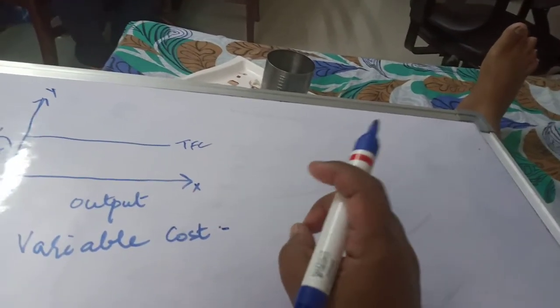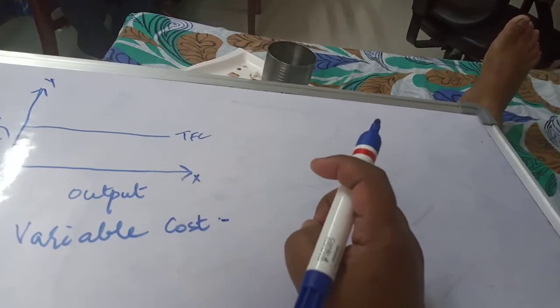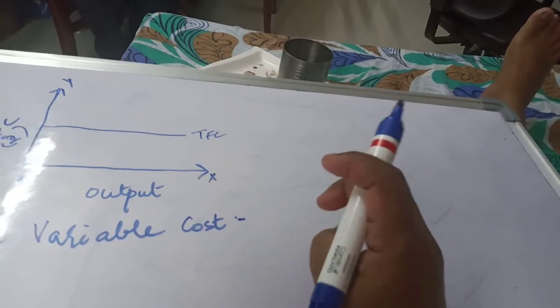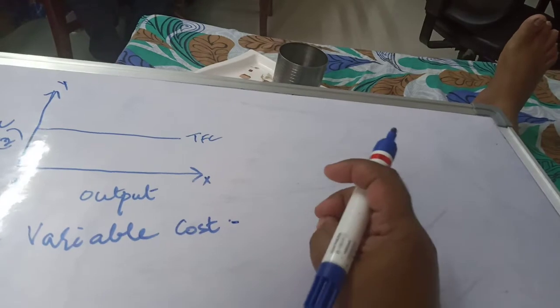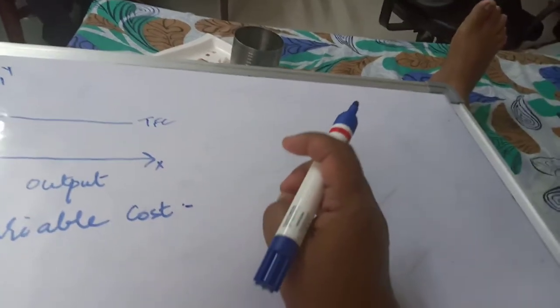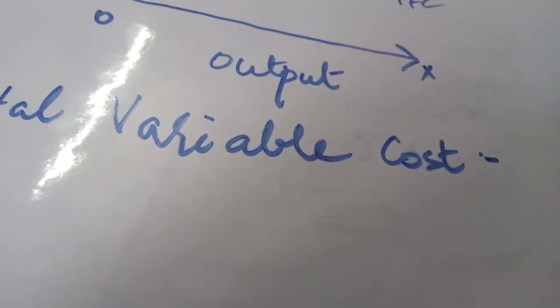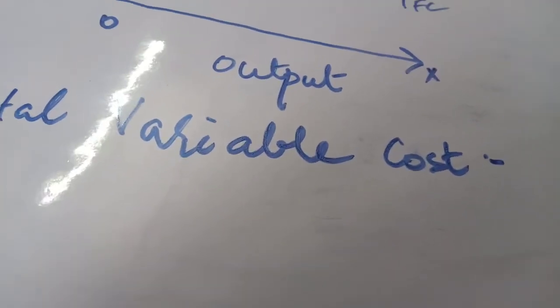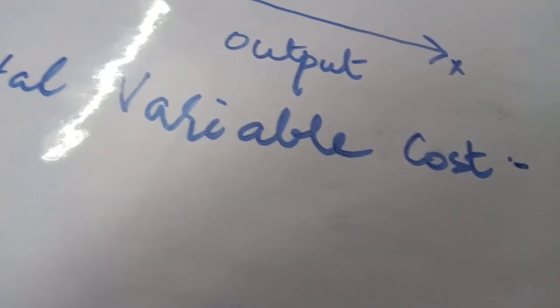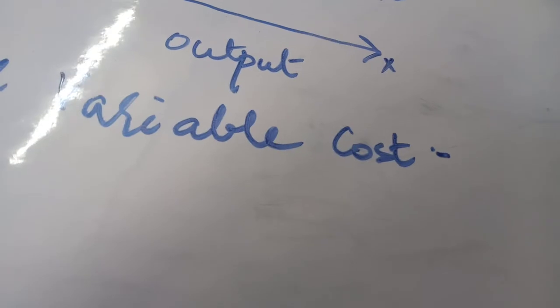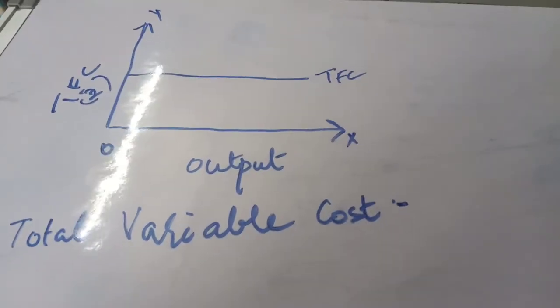The price paid for variable factor would be variable cost. So, as you produce more, you would be needing more of variable factor and hence more of variable cost. So, the cost which changes with the change in the level of output is called variable cost.